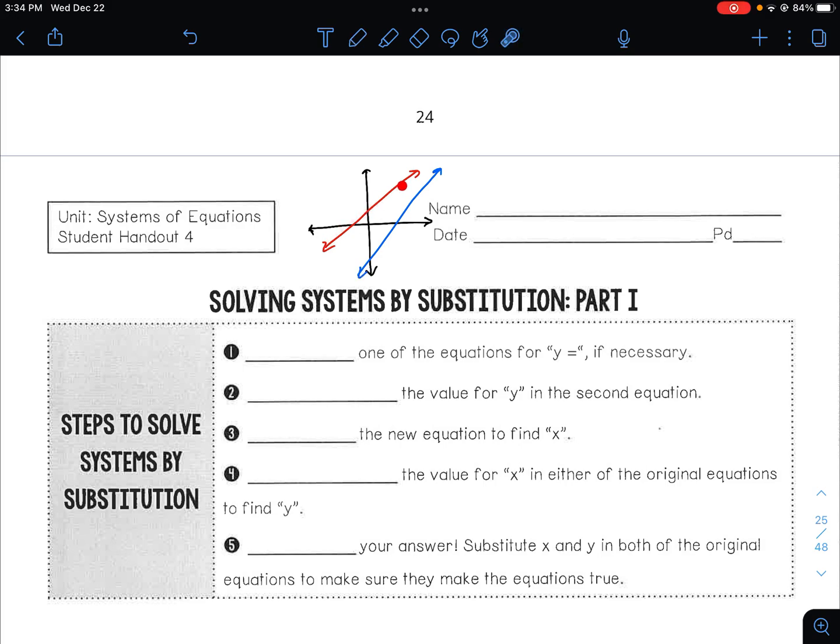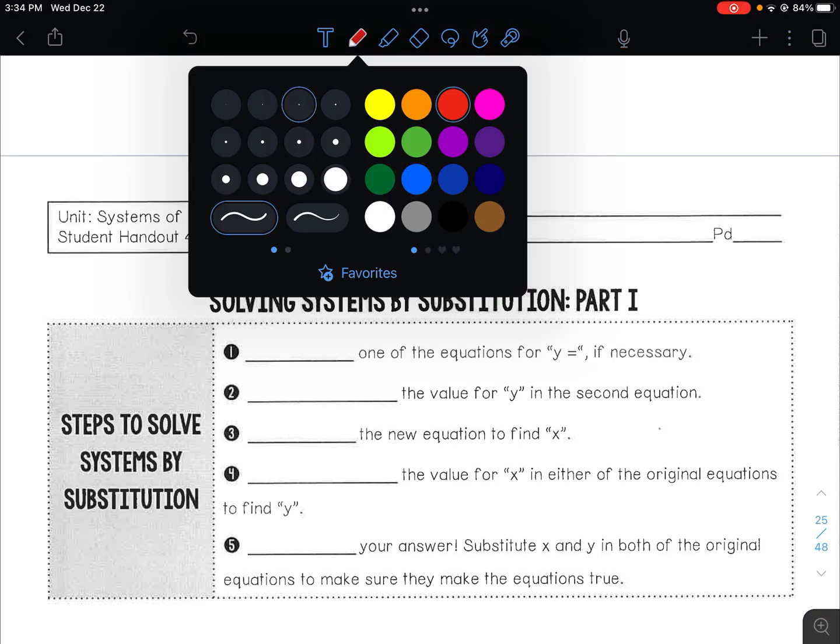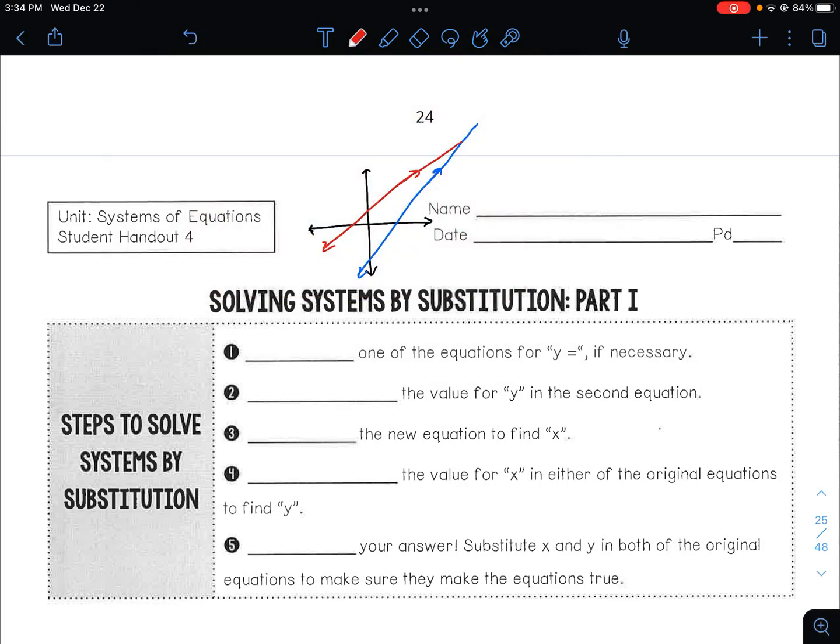As you can see, these two lines are not parallel, but they're going to cross eventually somewhere. If we keep drawing these lines out, we'll find it. Oh, look, but it's way out there, and we just don't know what number that is.